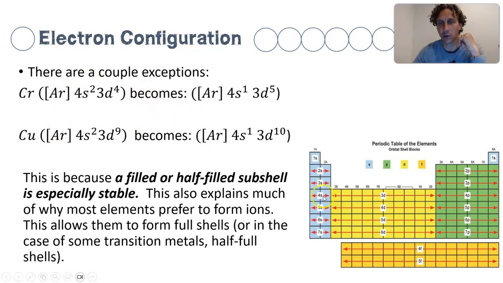Now the 4s orbital is half full, 4s1, and the 3d orbital is full. Okay, so there are some exceptions, where it's a little bit different than we would expect. And actually this helps to explain some of the behavior of the transition metals that are in the middle here.